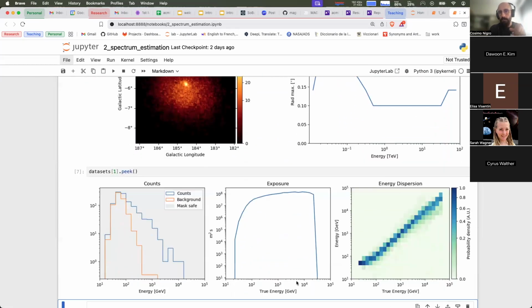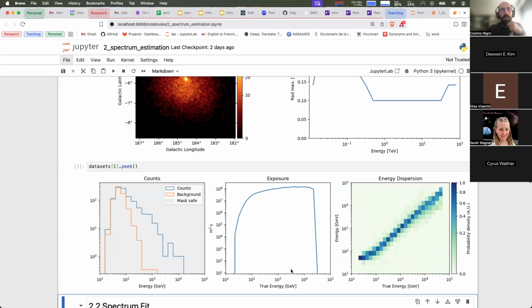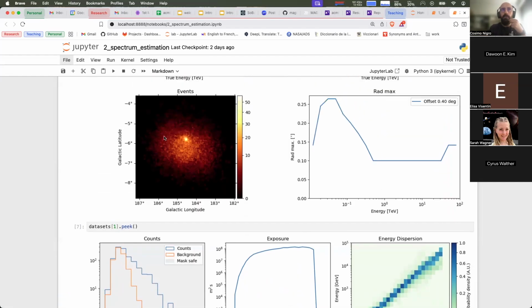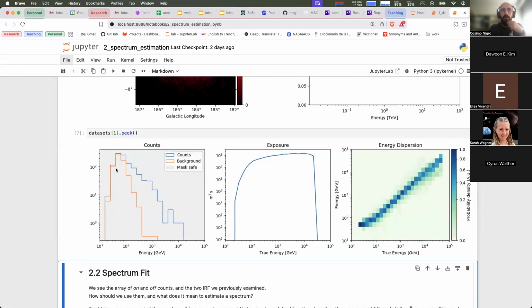And it used also the energy binning in true energy that we gave to the data reduction routine. I'll come back to that in a minute. And then instead of having all the bands as a function of coordinates, we have the counts in the on and in the 3 off regions. Okay, counts and background. It's basically the last histogram that we produced in the last notebook.